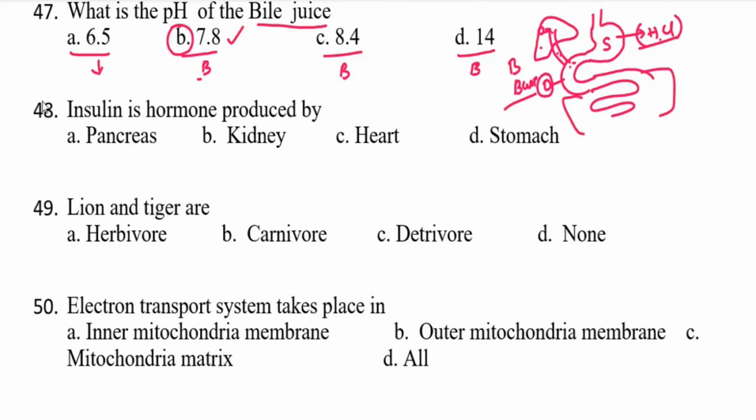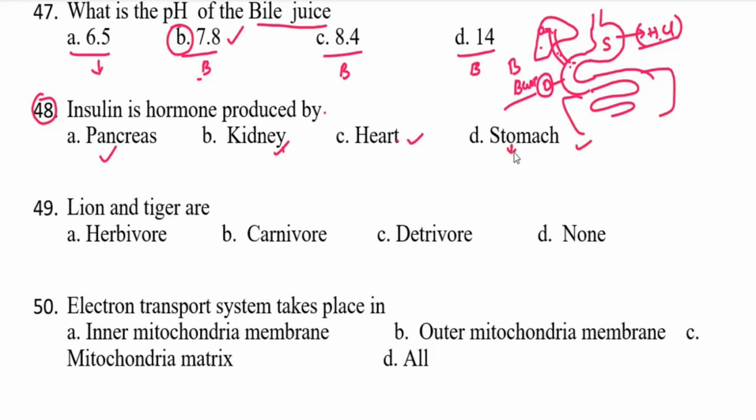Coming to the 48th question. Insulin is a hormone that is produced by which one of the following organs? Options are the pancreas, kidney, heart and stomach. Kidney also produces some hormones. Heart also produces one hormone.